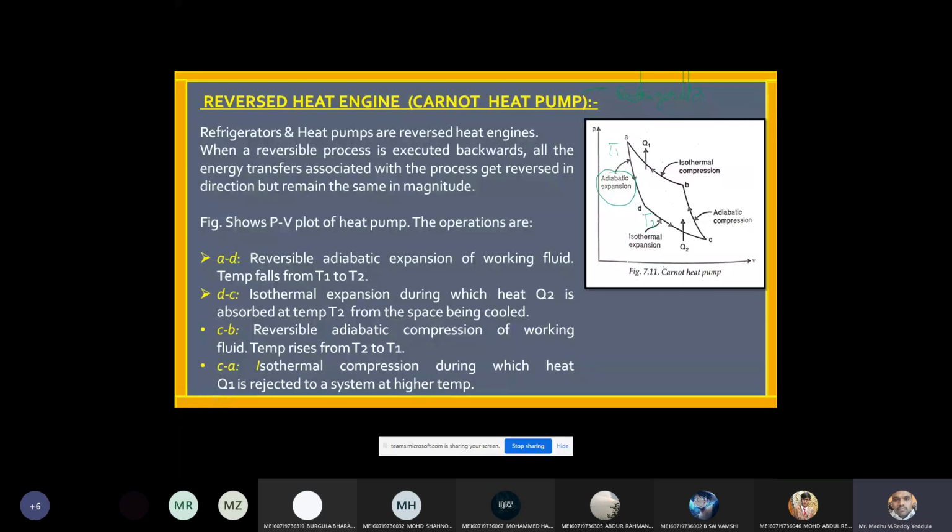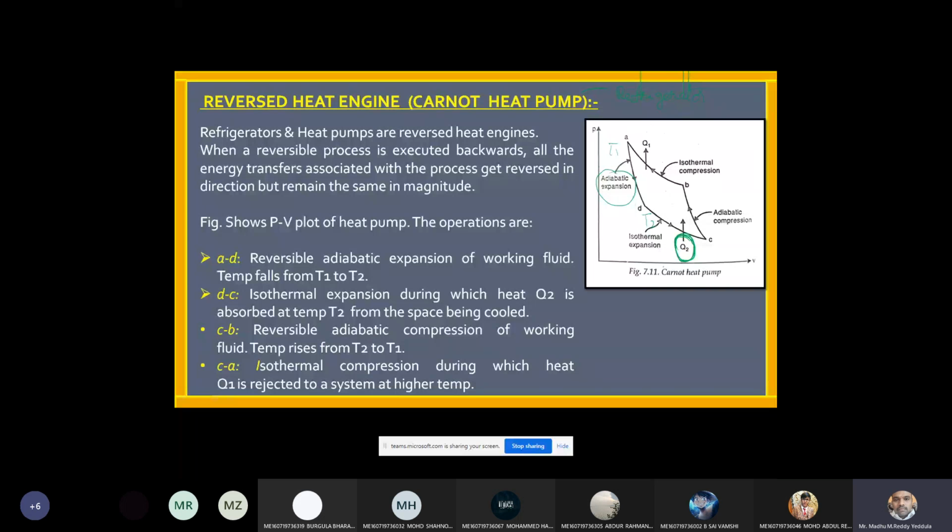Q2 is absorbed at temperature T2 from the space being cooled, right? Now, isothermal expansion means we should maintain the temperature constant. Therefore, during this process heat will be supplied, and this heat comes from the space to be cooled.